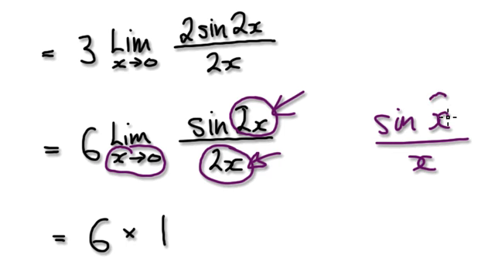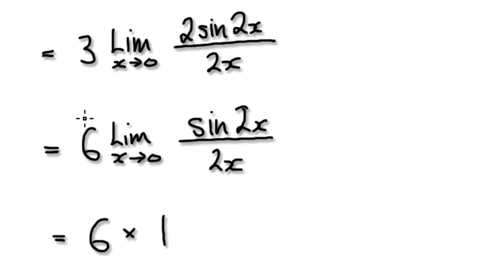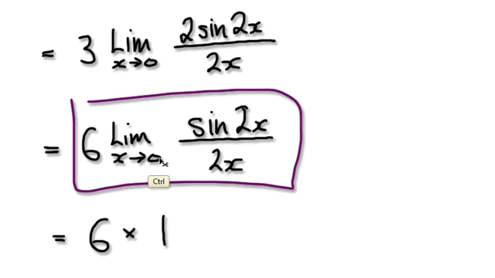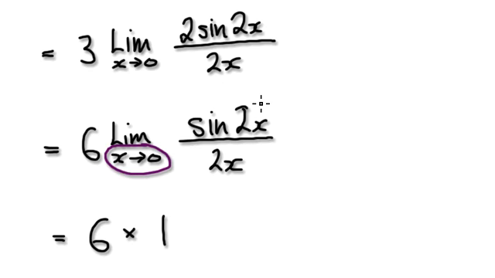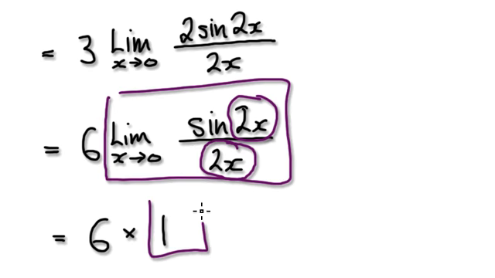You can imagine this as sine bubble divided by bubble. The two bubbles are heading towards 0. As x tends to 0, this bubble will head towards 0, and this bubble will also head towards 0. So you can say that this whole thing is actually 1. The limit will be 1.